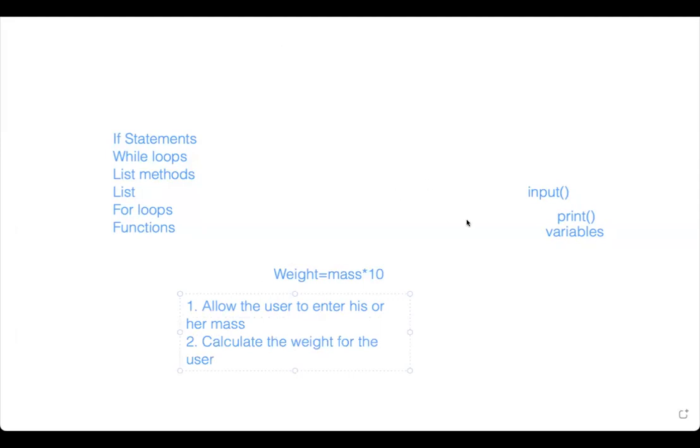The first thing we need to do is collect the mass, and we have to know the formula for weight. The formula for weight, we've written it here: the mass times 10. And we said for the mass, what you need to do is just take it from the user. So how do we take something from a user?